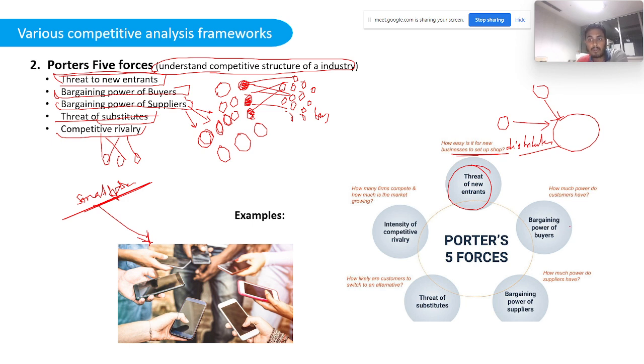Then bargaining power of buyers, all these things I have already explained. So Porter's five forces also allow you to understand what the challenges and barriers are to enter a particular industry, and how you want to position your product, what sort of values, what sort of unique features you want to include in your product so that you can enter a particular market by overcoming these challenges and threats.